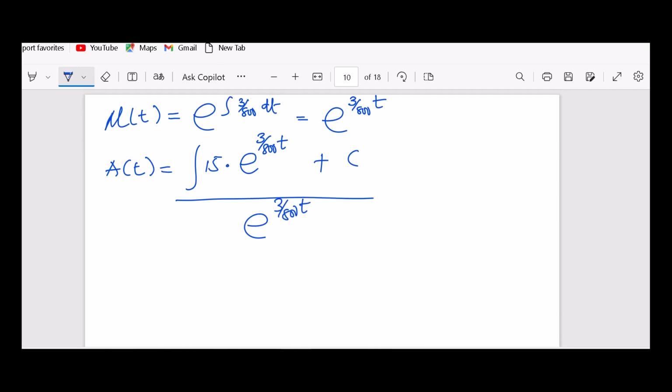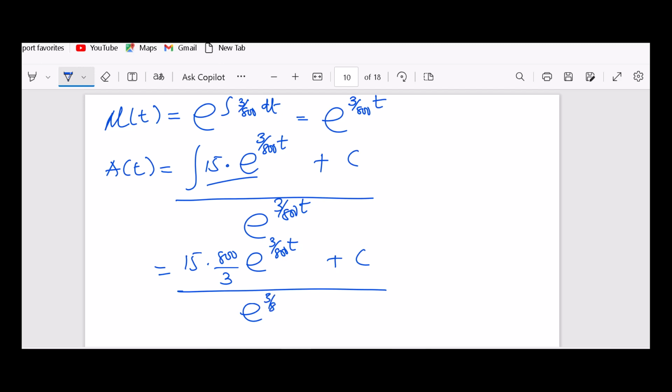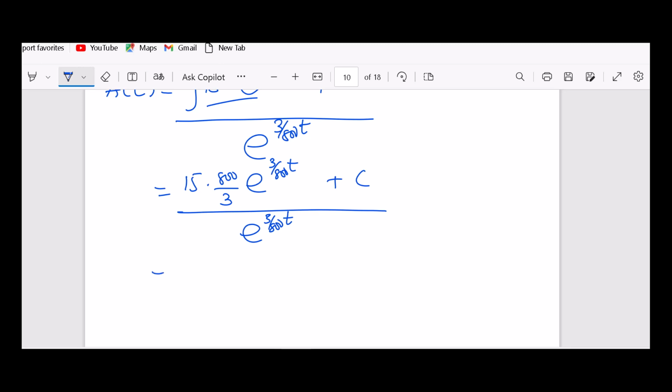Integrating this part, we have 15 times 800 over 3 e power 3 over 800 t plus C, all over e power 3 over 800 t. 15 over 3 gives 5, and 5 times 800 is 4,000. The e power terms cancel, so we just have 4,000 plus C e power negative 3 over 800 t. This is our A of t.